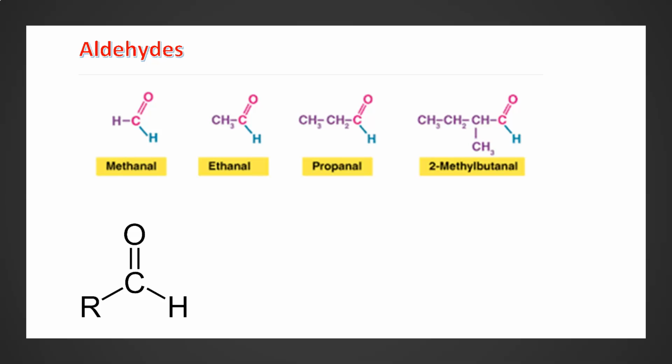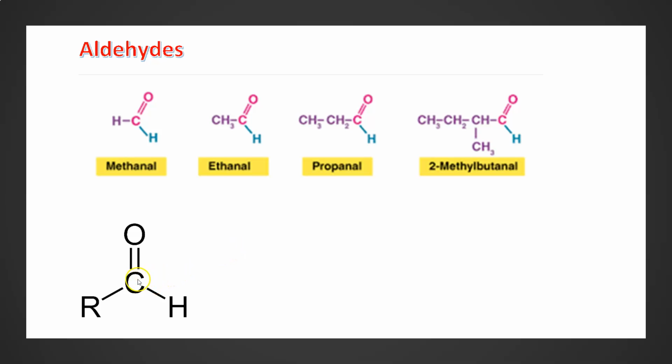The ending of these names is "al", corresponding to aldehydes, and the prefix corresponds to the number of atoms. In this case, "meth", one atom of carbon, methanal. Ethanal, because of two atoms of carbon, propanal, three atoms of carbon, and so on.